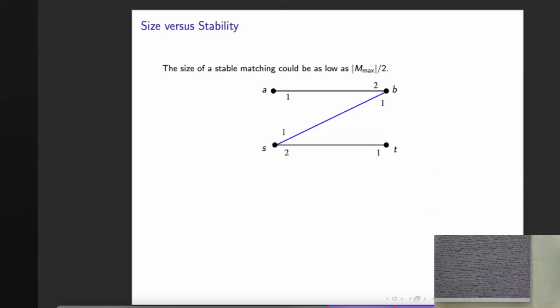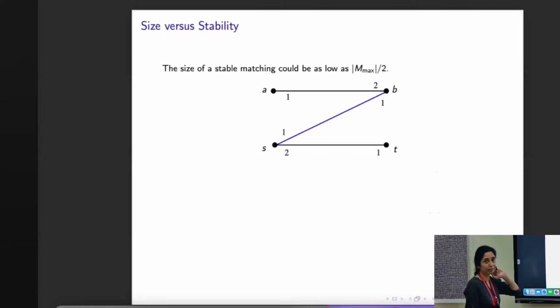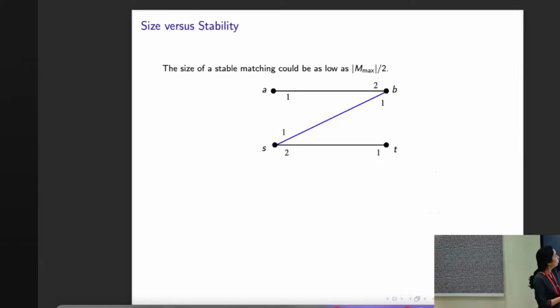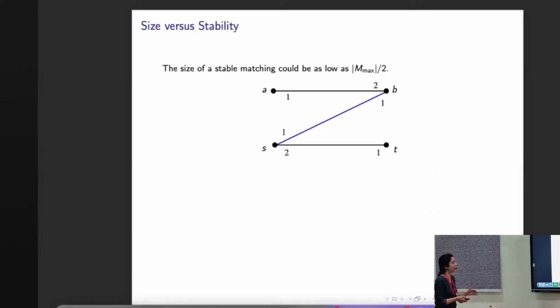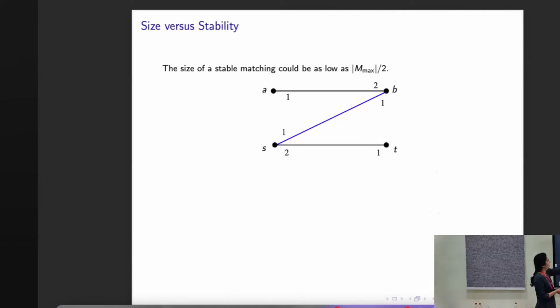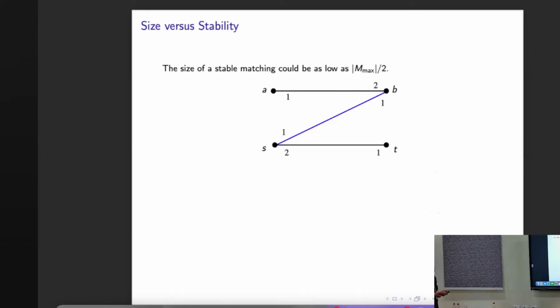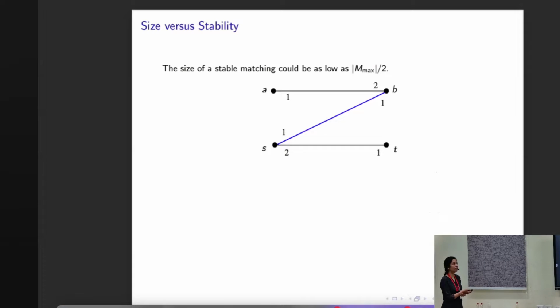And as we saw in this toy example, the size of a stable matching could be only half the size of a maximum cardinality matching. So if we went for the maximum cardinality matching, both these residents, let's call them residents or agents, could have been matched, but now insisting on stability is in fact saying this agent or resident has to be left unmatched, which really speaking is not a very nice property and not desirable.